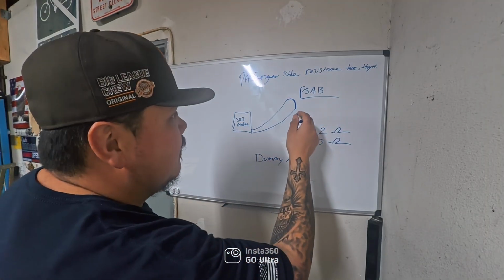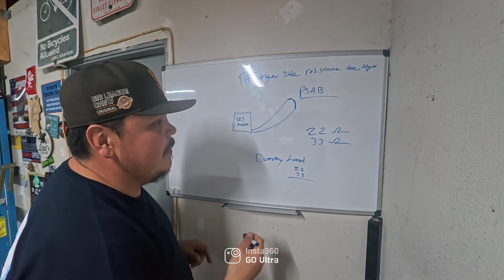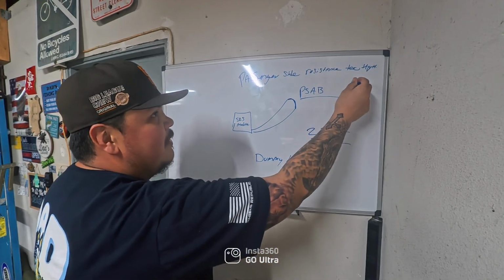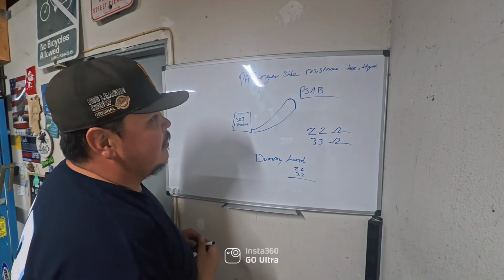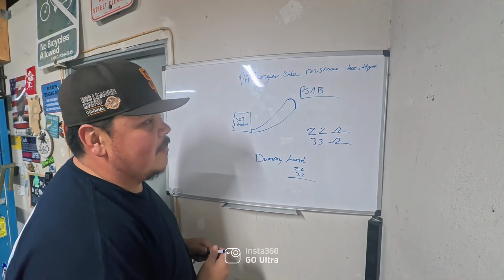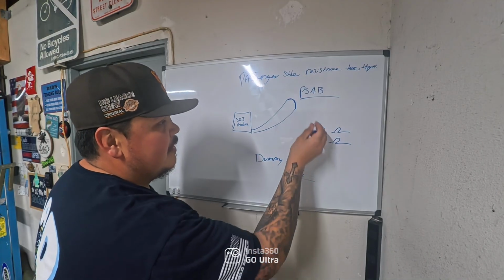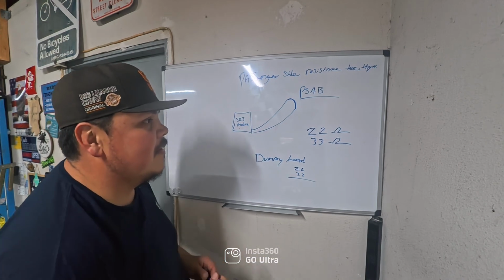You clear the code, and if the code goes away, then you know that the airbag is faulty. If the code stays, then you know that the airbag is not the problem, because you're putting the exact resistance value that the airbag module wants to see.